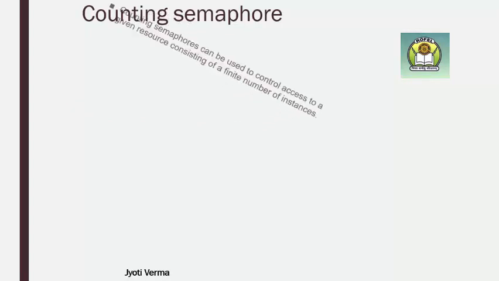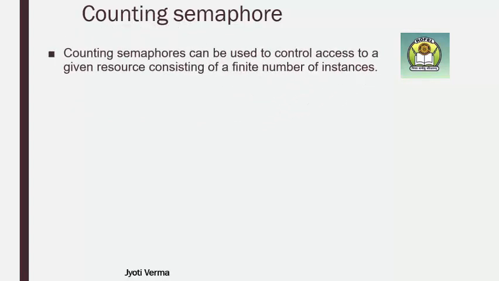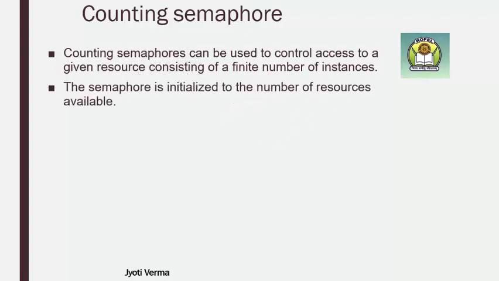Counting semaphore. Counting semaphore can be used to control access to a given resource consisting of a finite number of instances. The semaphore is initialized to the number of resources available. जितने resources हैं system के अंदर उतनी ही value semaphore की होगी.